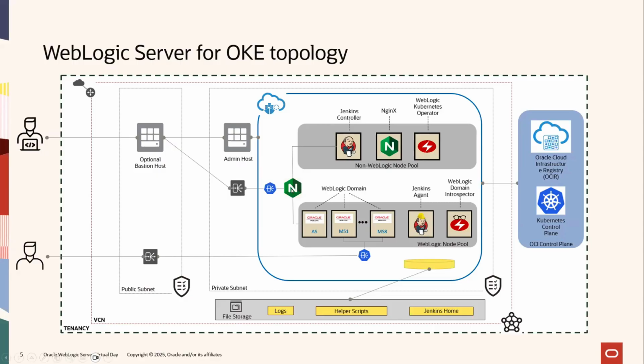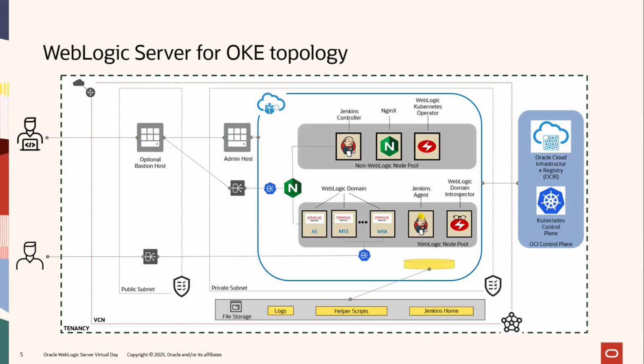We use Nginx as an ingress load balancer, and we automate the creation of a shared file system so that your logs and the tools that you use to build your WebLogic domains are all mounted in OKE, so that you can access them at any time via Jenkins agents right there.